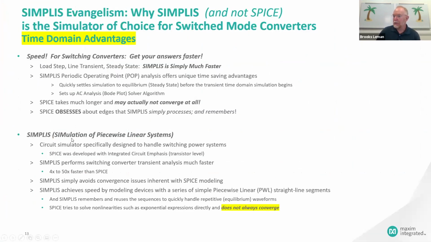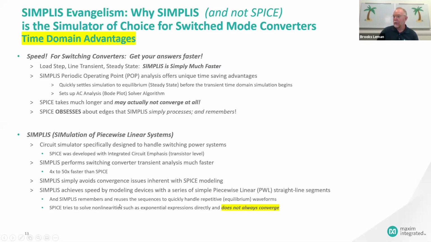SIMPLIS stands for the simulation of piecewise linear systems. It's a circuit simulator that was specifically designed to handle switching power systems. SPICE, on the other hand, was developed with integrated circuit emphasis at the transistor level. SIMPLIS is faster, avoids convergence issues, and achieves speed by modeling devices with a series of simple, piecewise linear straight line segments.